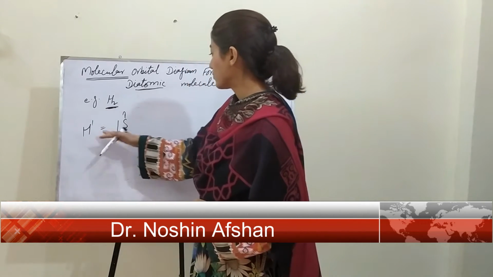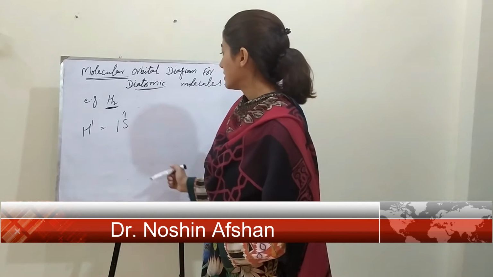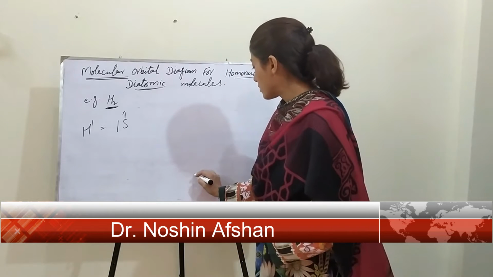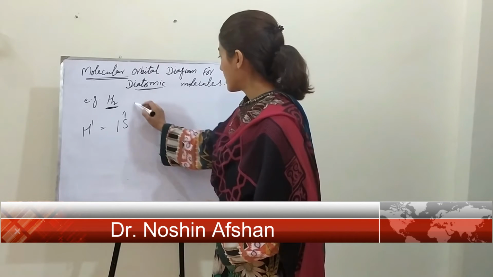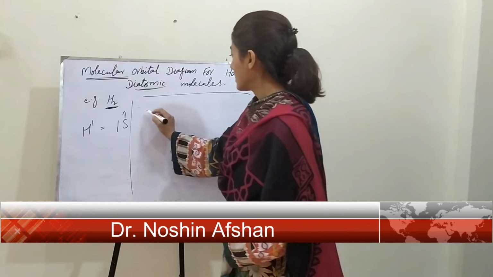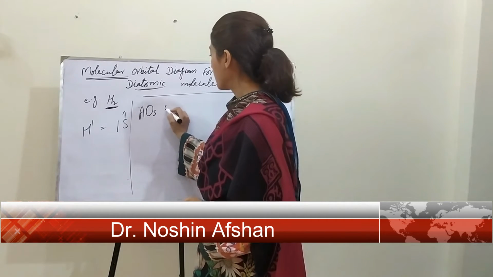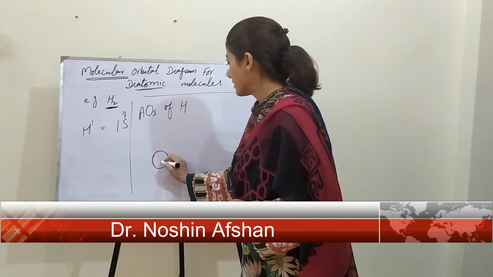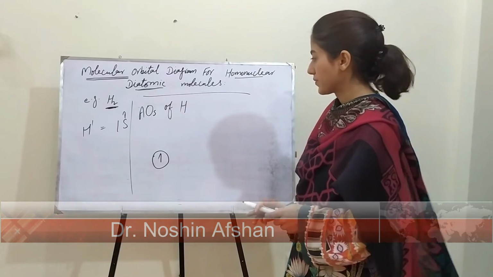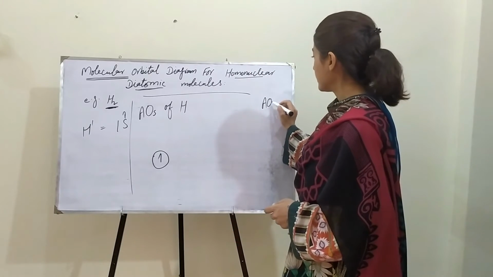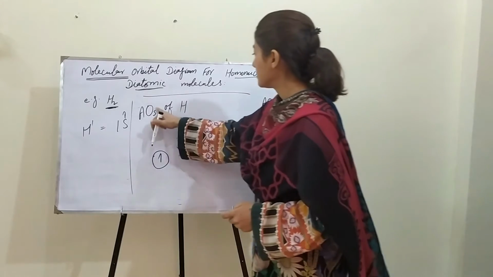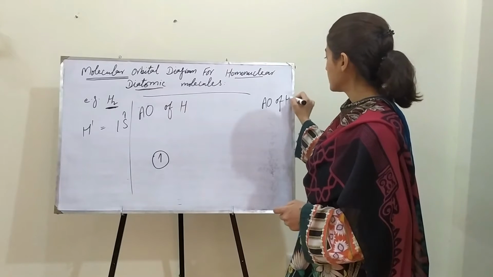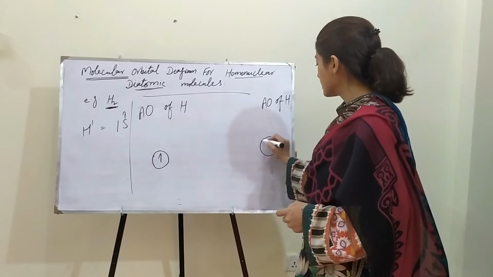So here we draw, this is the atomic orbital of hydrogen, that is 1s, and there is one electron over here. Similarly, here is also the atomic orbital of hydrogen, and this is also just 1s.